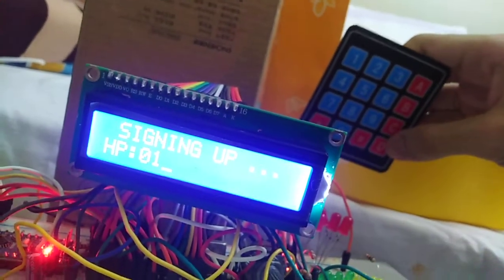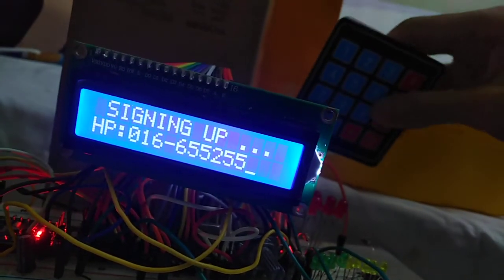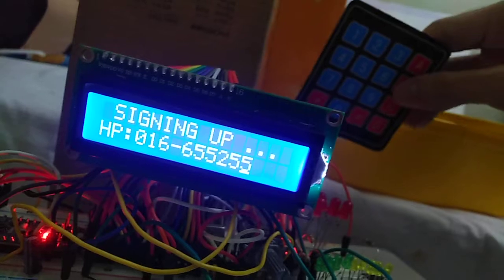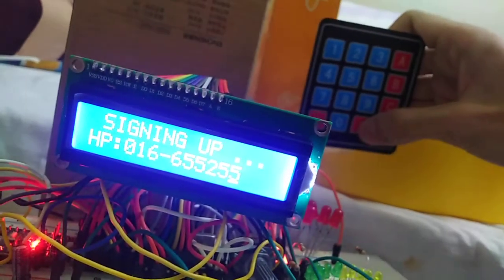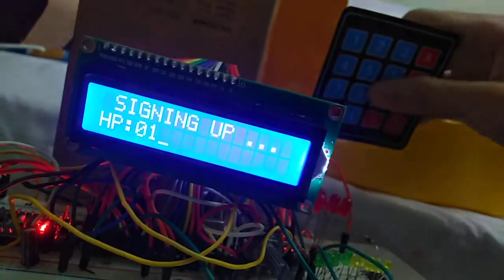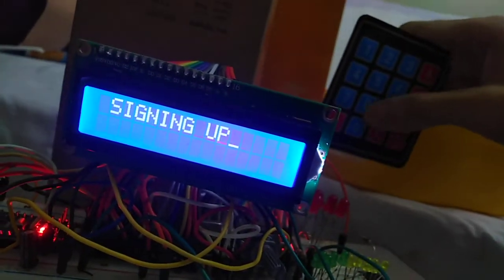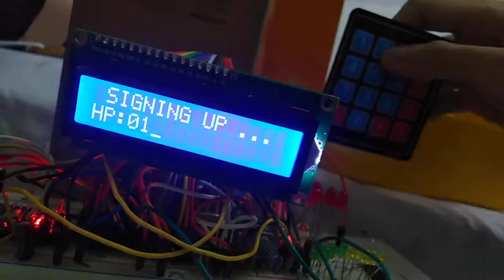If my input is too long and I become lazy to delete, I can use refresh. If I refresh my input, it goes back to signing up again, so I can write again. You can refresh as many times as you like.